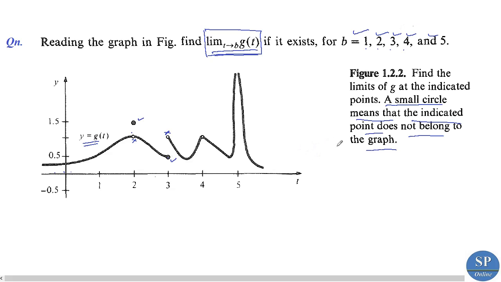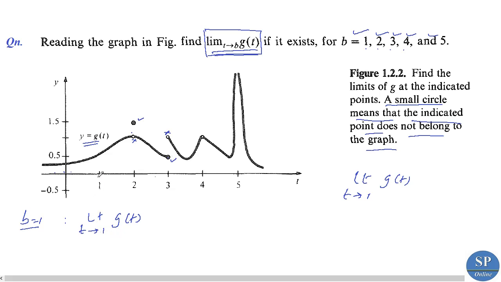That is, we have to find five limits. The first one is the limit as t tends to 1 of g of t, the second is the limit as t tends to 2 of g of t, and so on. For b equal to 1, we have to check whether the limit exists or not, and if it exists, find its value.